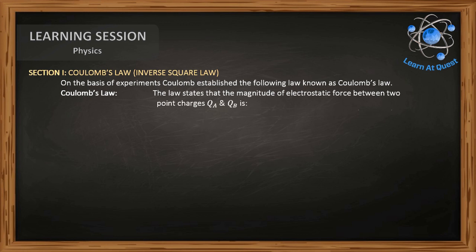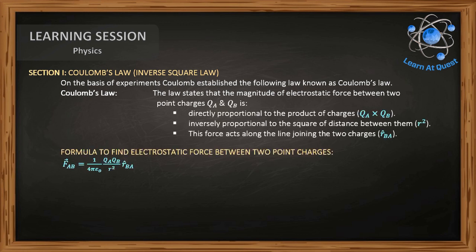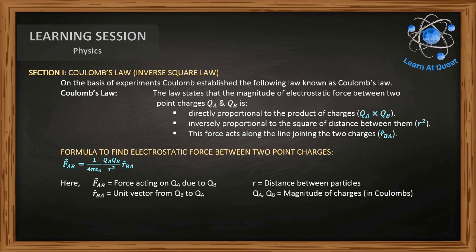Coulomb's law gives us the direction and the magnitude of the force acting between 2-point charges separated by a certain distance. Let us say we have 2-point charges which have magnitudes equal to QA and QB, and these two charges are separated by a distance r.